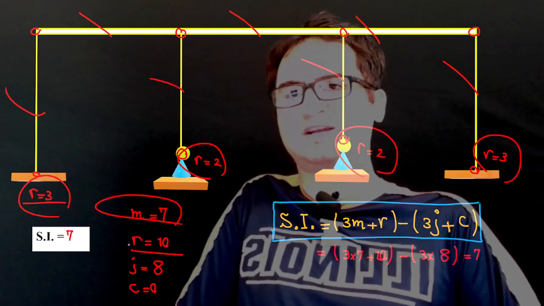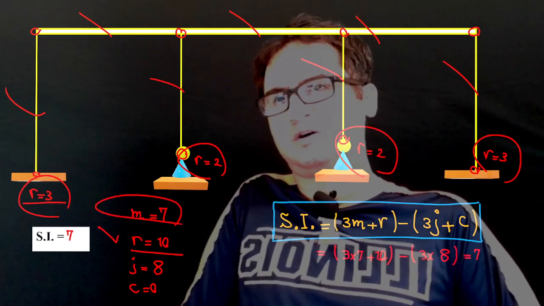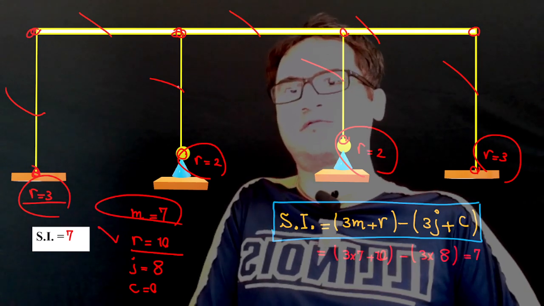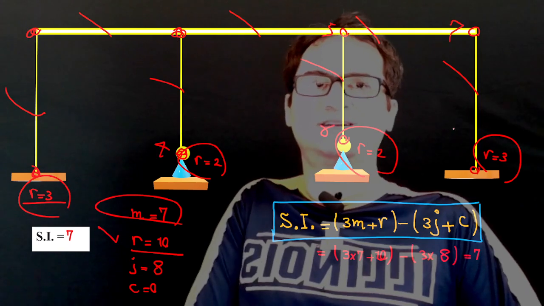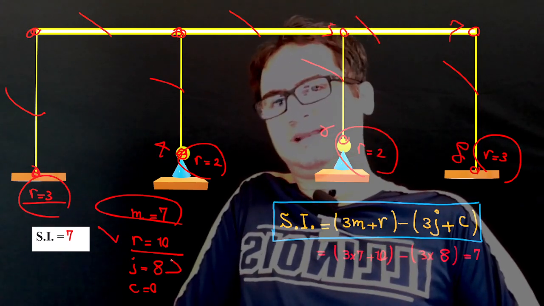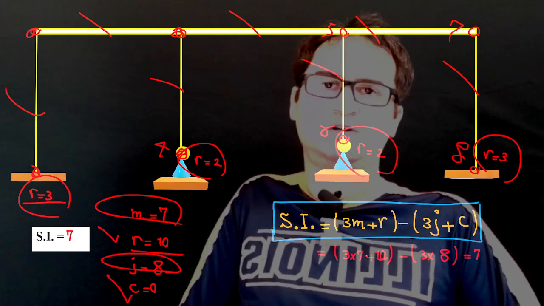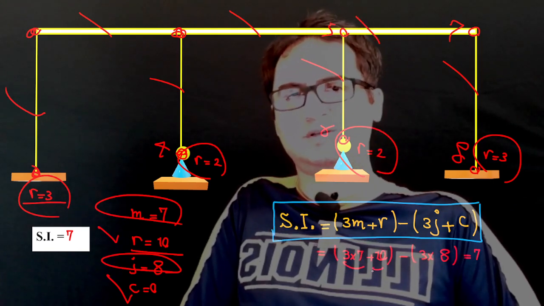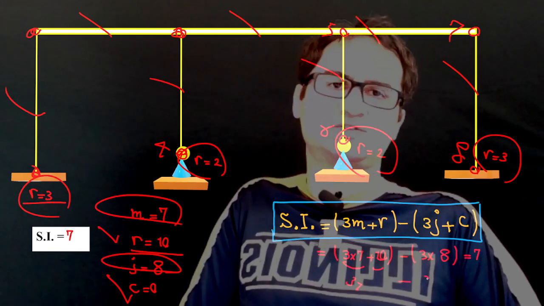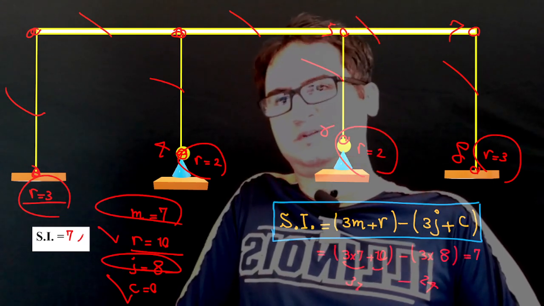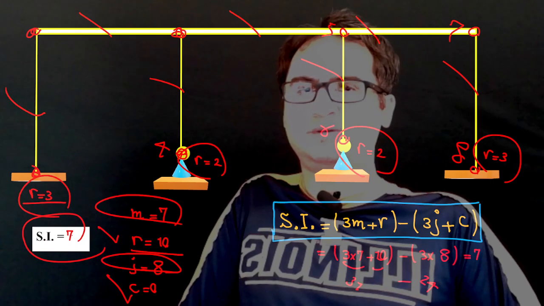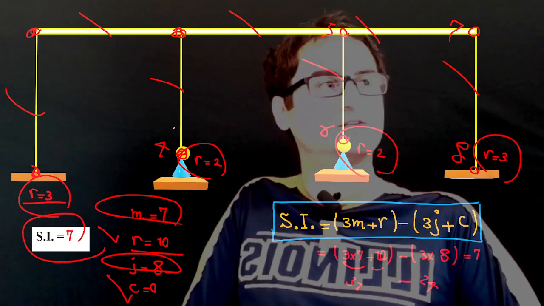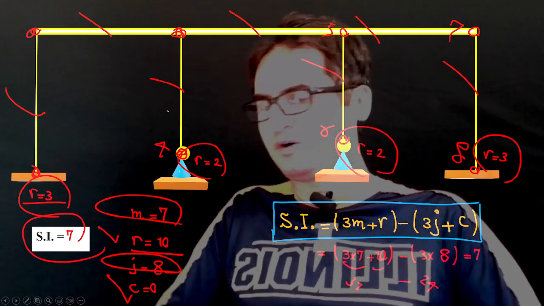Members are 7, reactions are 10. Joints are 1, 4, 5, 6, 7, 8, and that's J, and then the special condition. So 3 times (7 plus 10) is 51, minus 24. And that's simply the degree of static indeterminacy, which is 7 for this indeterminate frame. Thank you. Solve more problems.